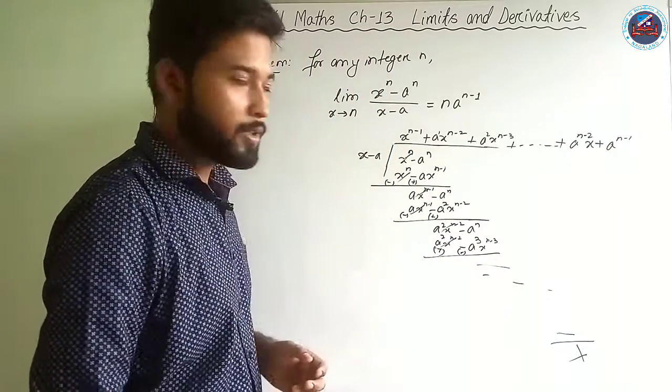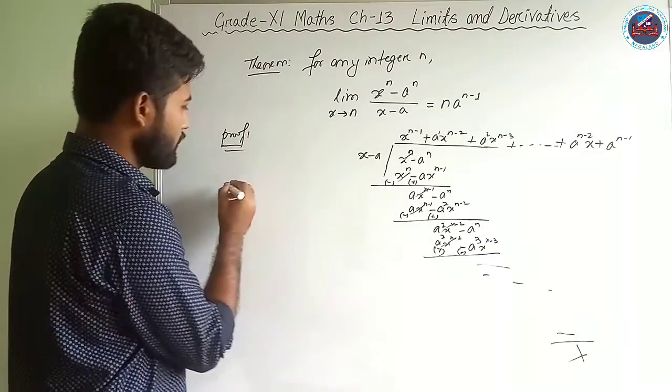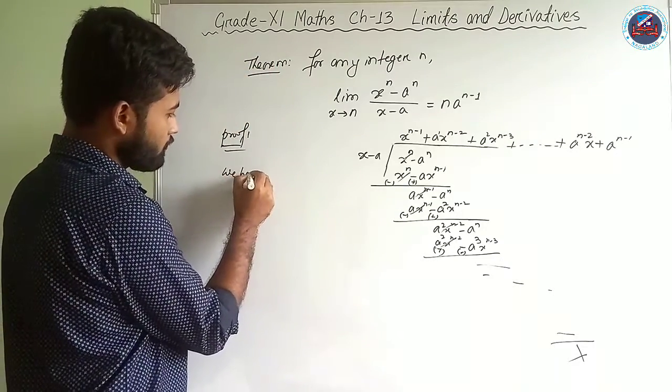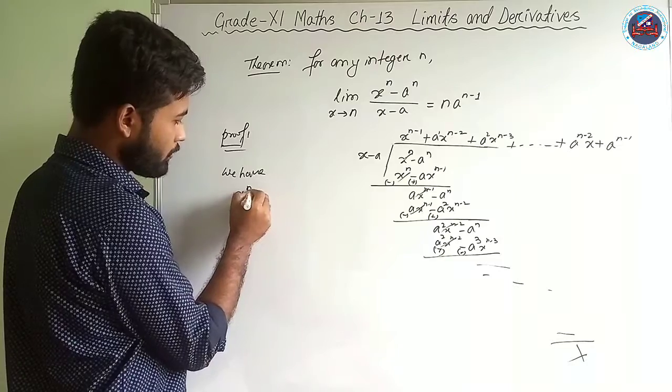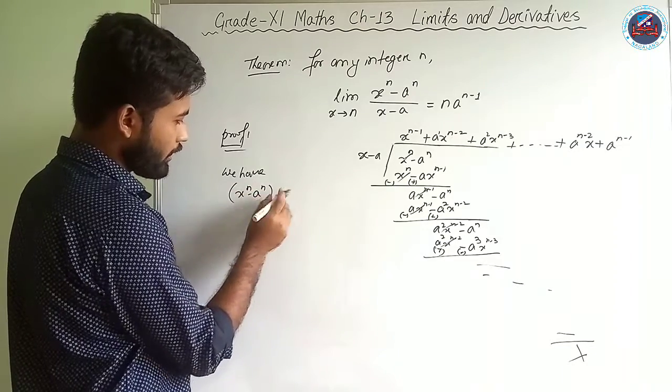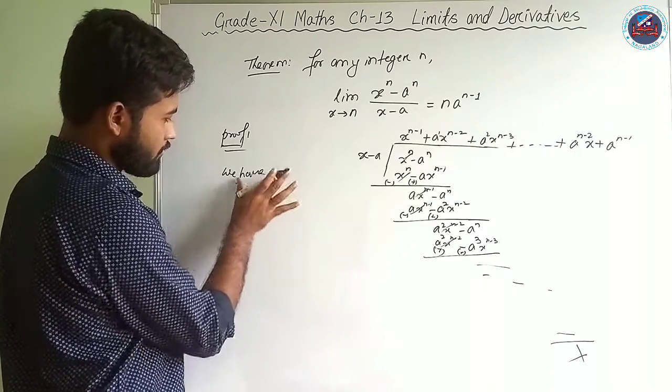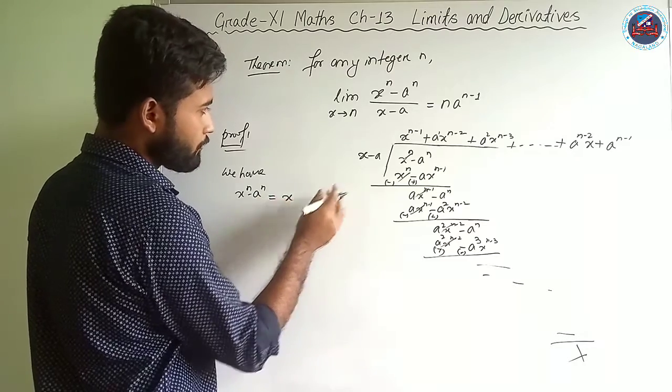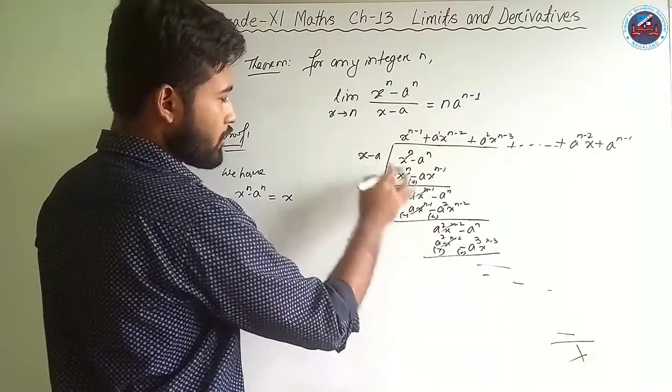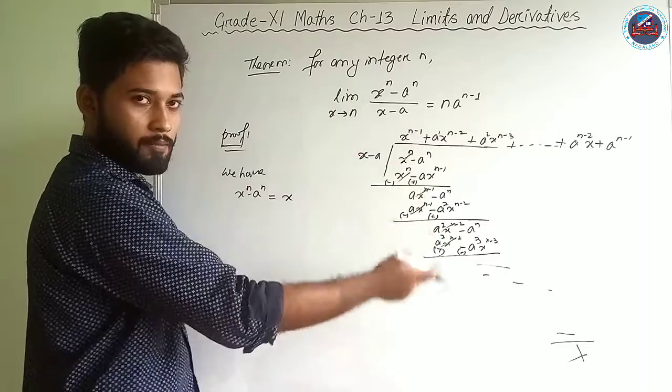Now using Euclid's division rule, what can we write? We have x to the power n minus a to the power n, this is actually equal to divisor into quotient plus remainder, isn't it?